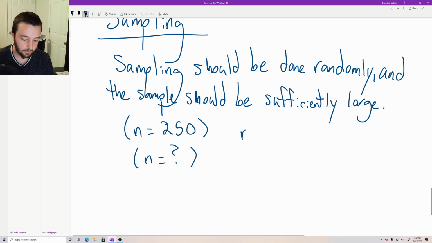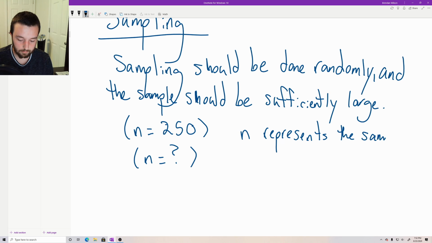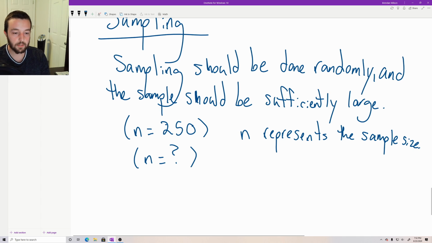So n represents the sample size. n represents how big the sample was in the experiment. So if you look at a study, somewhere in there it'll say n equals whatever number, telling you exactly how big the sample was.